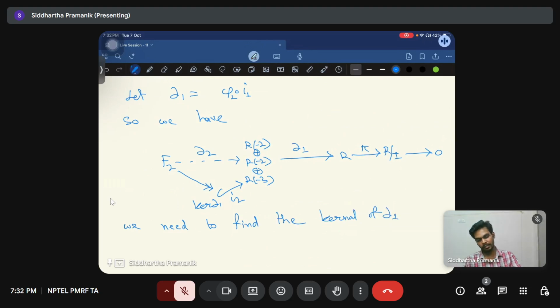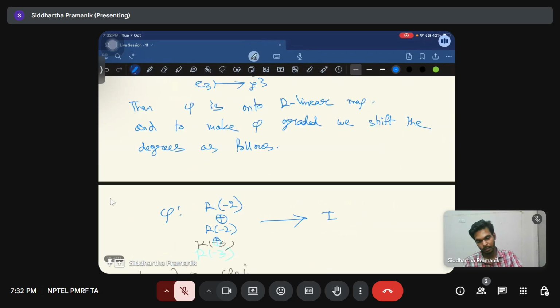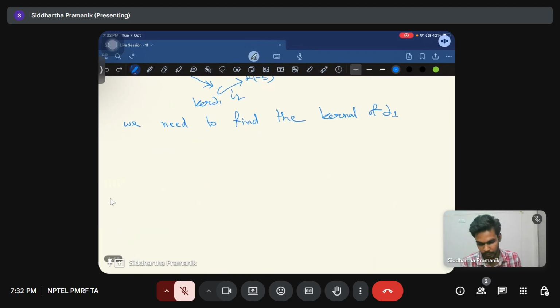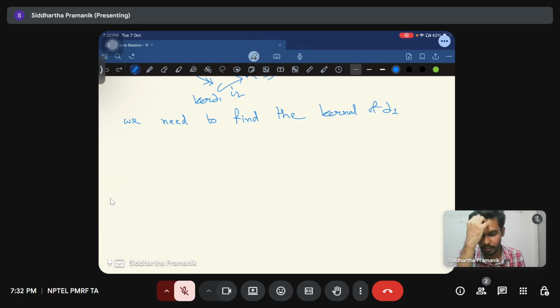So again it is just the syzygies of these three elements. So we need to find those relations. One can do it by hand, but that is laborious. So one can use the Macaulay tool also. I am just writing it down and you can check it via the Macaulay tool.